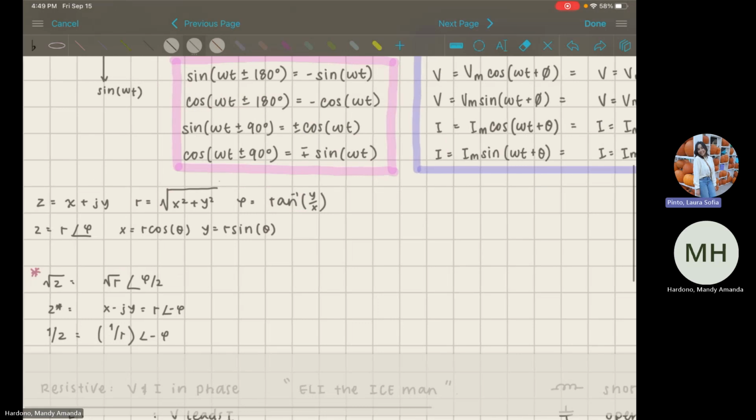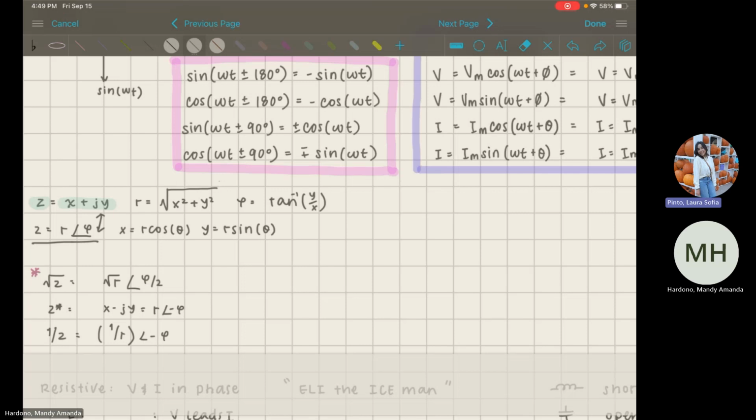Okay, so back to the complex number math and converting between rectangular and polar. So we have something like, let's say your output z equal to x plus jy, where y is the imaginary component and x is the real component. Let's say we want to turn that into something that's polar. So here we want to convert between these two.